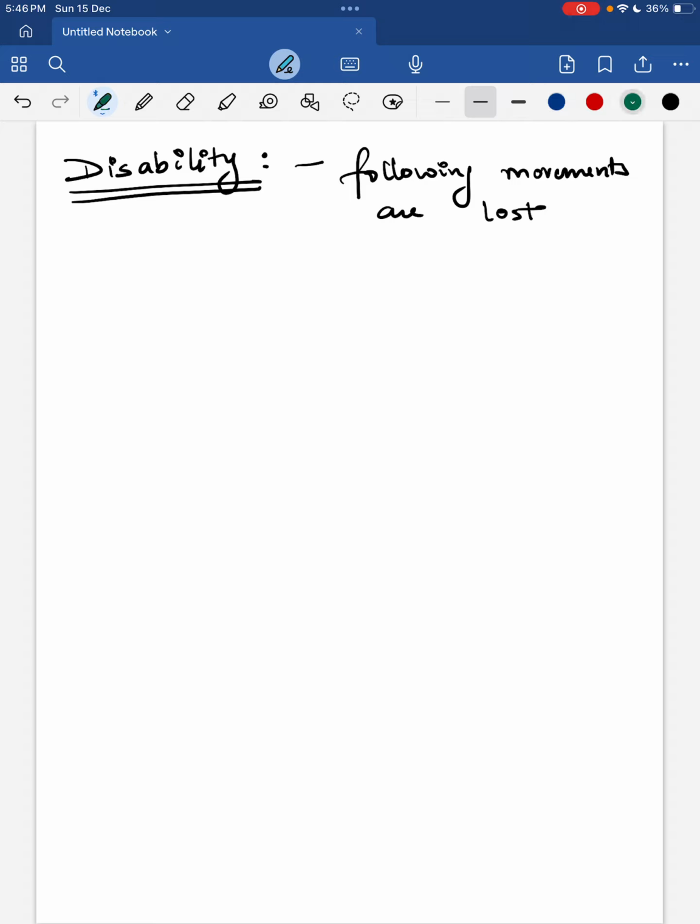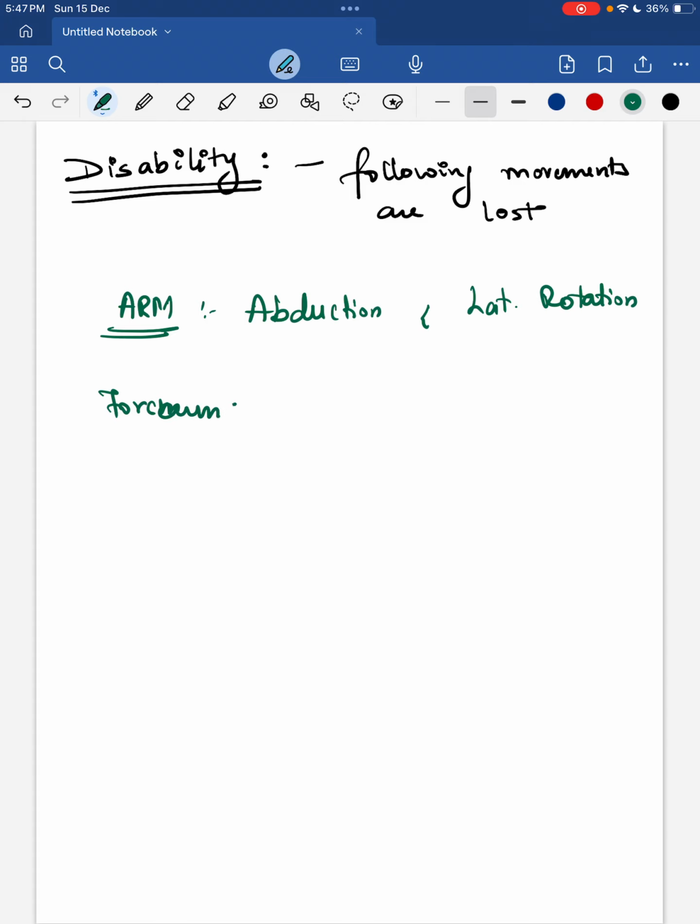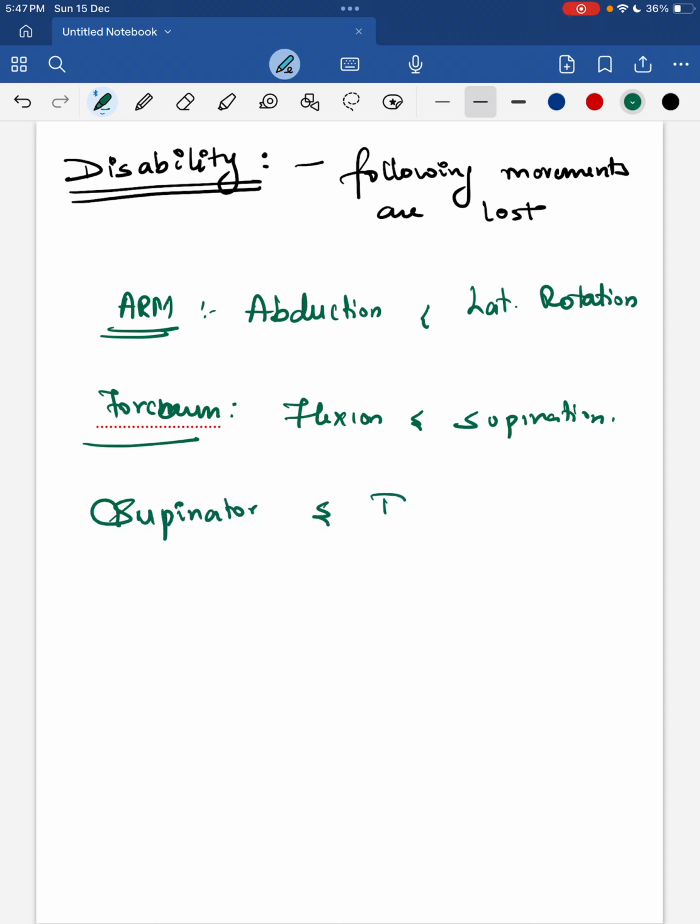Okay. What is the disability? Disability meaning the following movements the child can't make. The movements the child can't make at the arm are the opposite of your deformity. At the arm, the child cannot do abduction and lateral rotation. At forearm, the child cannot do flexion and supination, and your biceps jerk and supinator jerk will be lost.